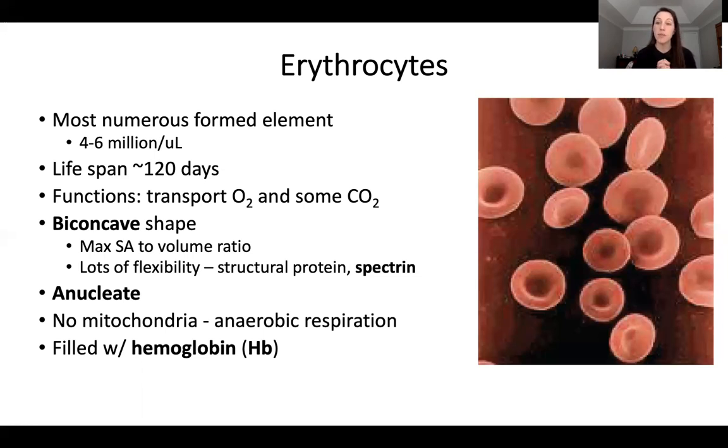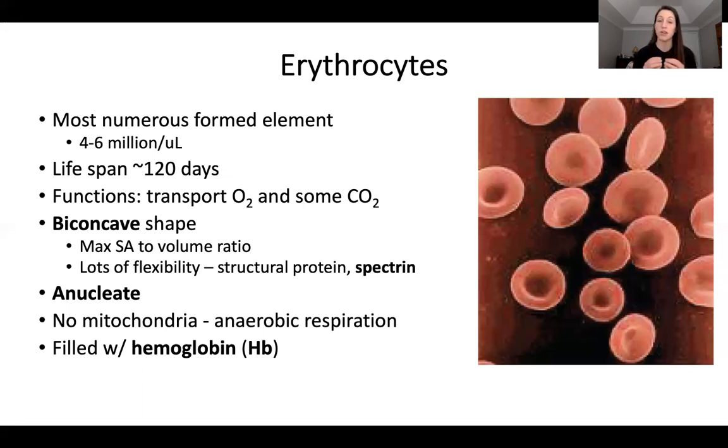It also allows for flexibility as red blood cells travel through the smallest of your capillaries or your smallest blood vessels. That biconcave shape allows for the cell itself to fold. It's really flexible. So when it gets into those smallest vessels, it has to keep moving through. Sometimes it can fold in half and sort of squeeze through those really, really tiny capillaries. But the red blood cells are also built with structural proteins.